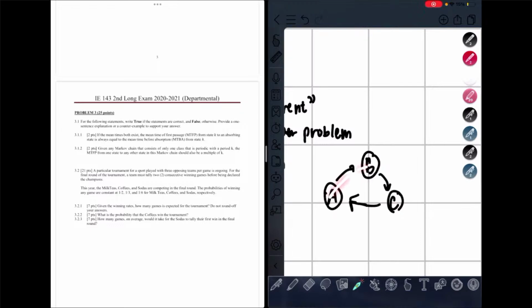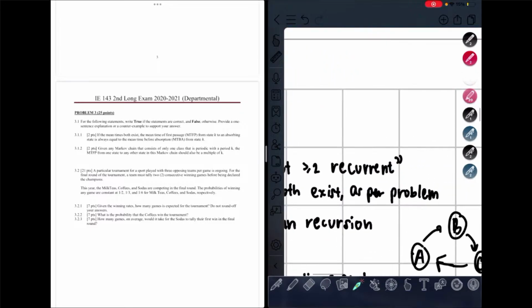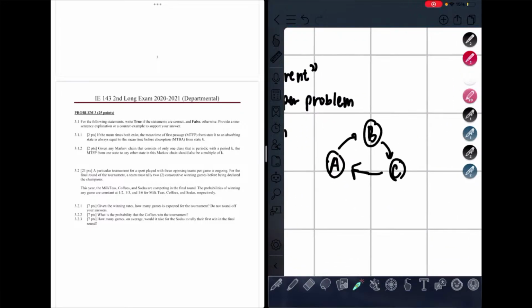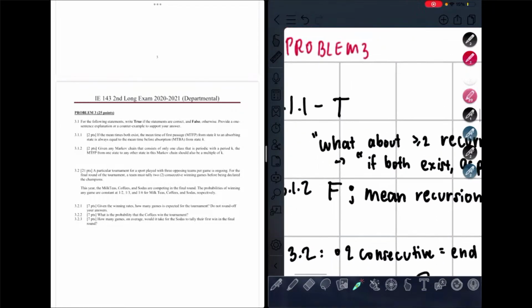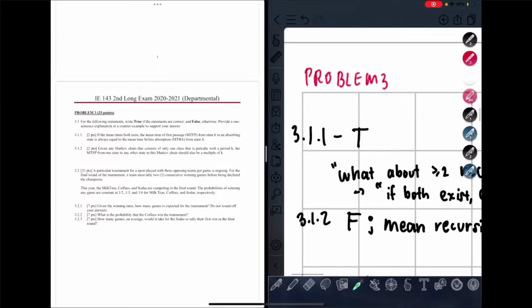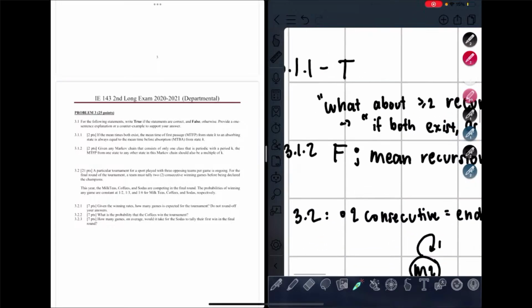Same thing with A to B. Because your period tells you the mean recursion, not the mean time before first passage. It's a very small semantic trick. Essentially, period tells you when it's going to come back to itself, not how long it takes to go to another state. So that's 3.1.2.